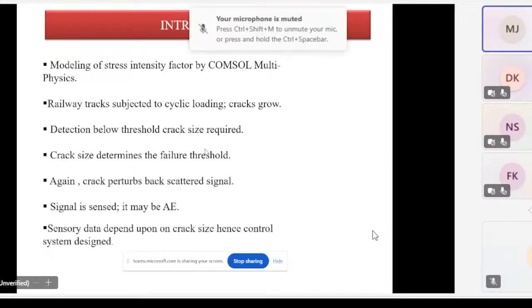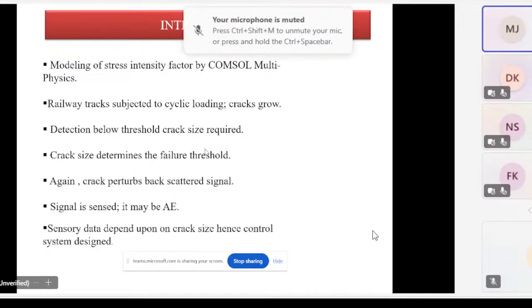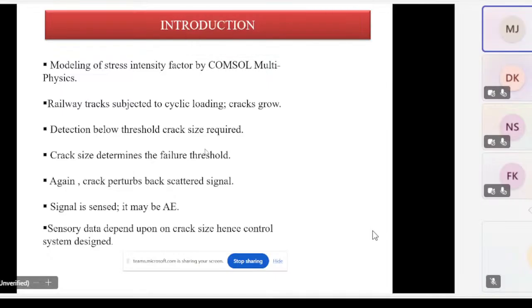How is it cyclic? Whenever a wheel is moving, initially its entire load is supported by the fixed support, the pivot. Then when it goes to the hanging portion, some stress is gradually generated inside it. When it goes to the middle, the bending moment becomes maximum, as in a simply supported beam.